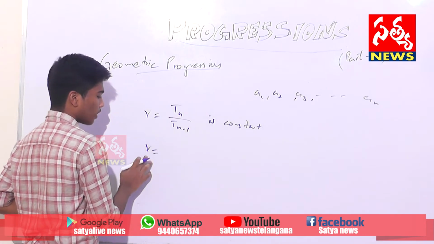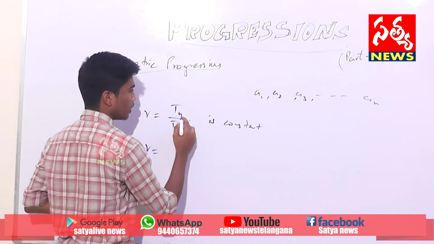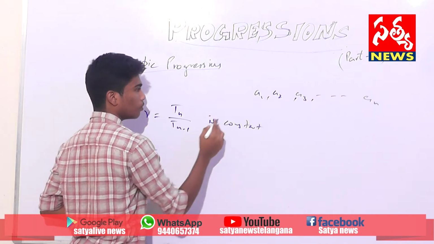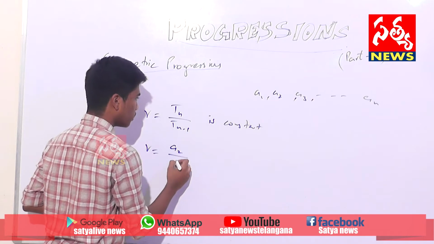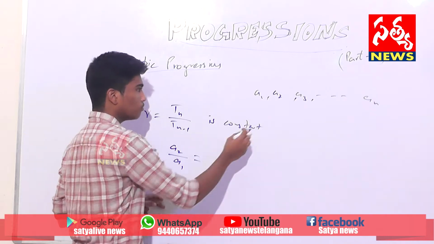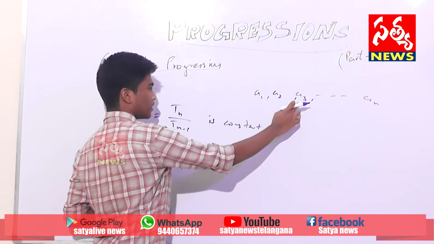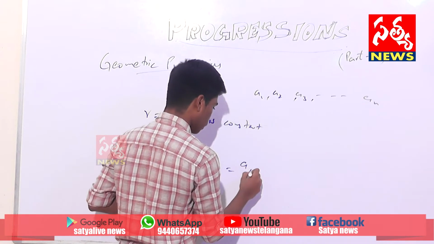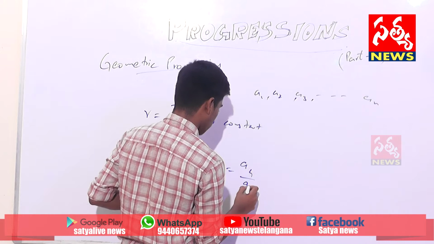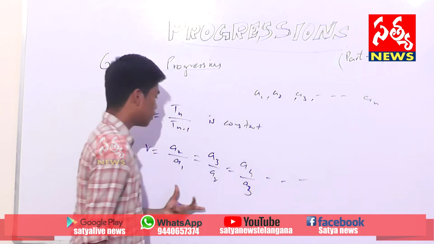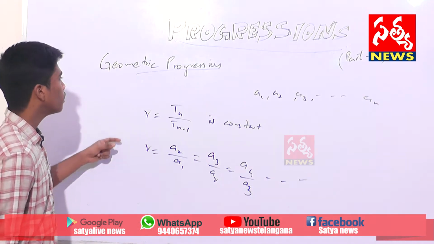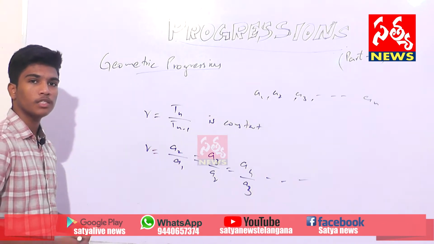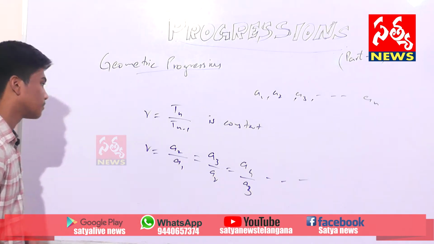We have to check the value of r, the common ratio: t2 by t1, which is a2 by a1, must be equal to a3 by a2 (taking n as 3, 3 minus 1 is 2), and a4 by a3. These values must be equal, then only we can say that the series is in geometric progression. Otherwise, it is not in geometric progression.